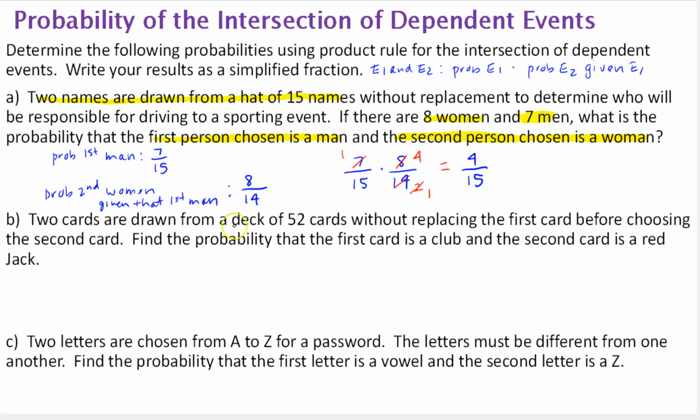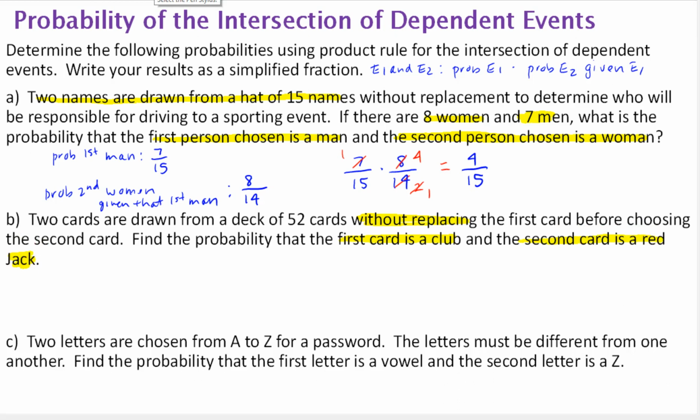2 cards are drawn from a deck of 52 cards without replacing the first card before choosing the second. So without replacement, again, that's a key indicator for dependent events. Find the probability that the first card is a club, and, so tells us it's intersection, the second card is a red jack. Okay.